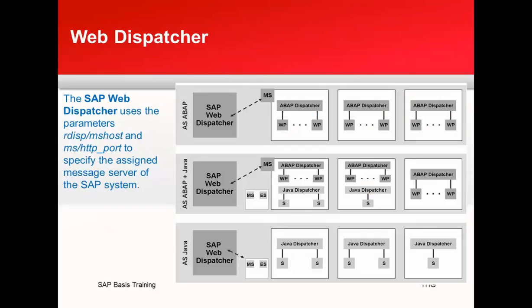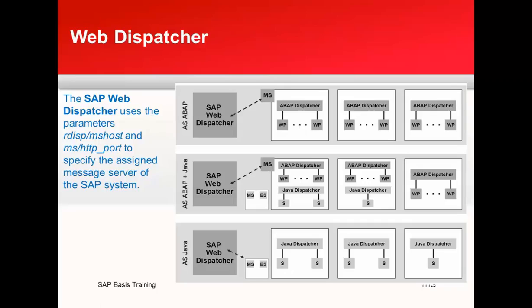In the next slide we are seeing how the web dispatcher is communicating to the message servers. This is a pure ABAP system. This is an ABAP plus Java system, and how it is talking to a message server and forwarding the request.